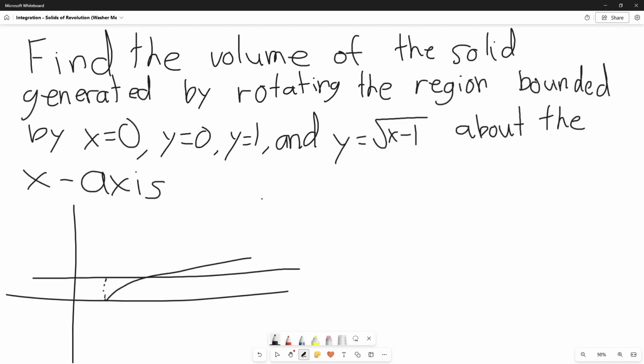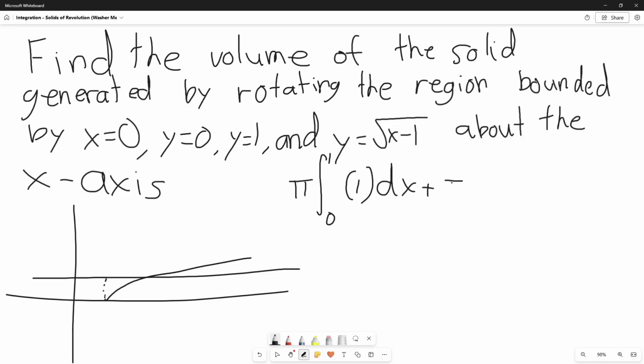And for every single problem, before you start it, I recommend putting every single function into your graphing calculator to visualize it, to see if you're doing this right or if you're missing anything. So anyways, for our disk method, it's going to be pi times the definite integral from 0 to 1, because that's where this graph starts, of 1 squared, which is just 1, dx.